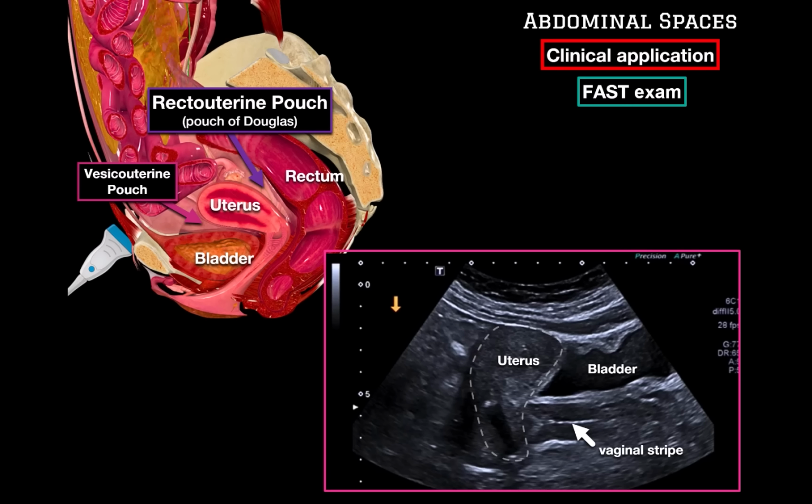So we can access the potential spaces behind the uterus, the pouch of Douglas, which is the most dependent part of the entire peritoneal cavity in females. In trauma, even small volumes of blood, as little as 100 to 200 milliliters, can accumulate in these pelvic spaces. A positive pelvic FAST in an unstable patient is strongly associated with the need for operative intervention.